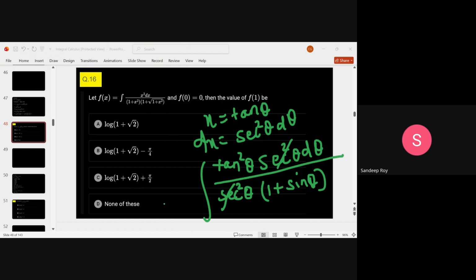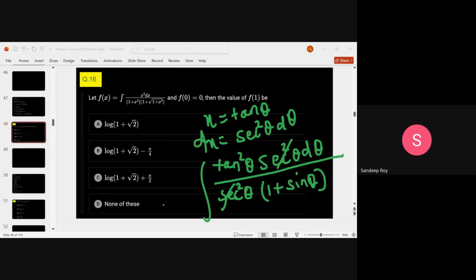Now here you can do one thing. Tan square theta you can write as sine square theta by cos square theta. Then this sine square theta again you split as 1 minus cos square theta. Then there will be a common factor, it will get cancelled out.